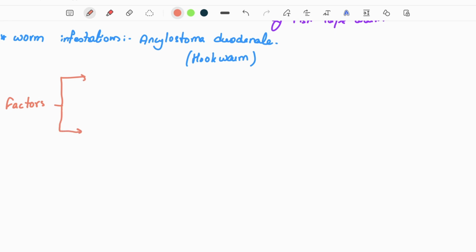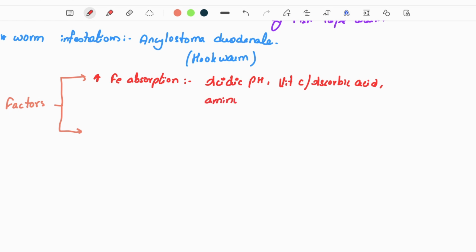First one, which increases, okay, let's select bright color, increases iron absorption, like acidic pH, vitamin C, or ascorbic acid, or some amino acids and citric acid.